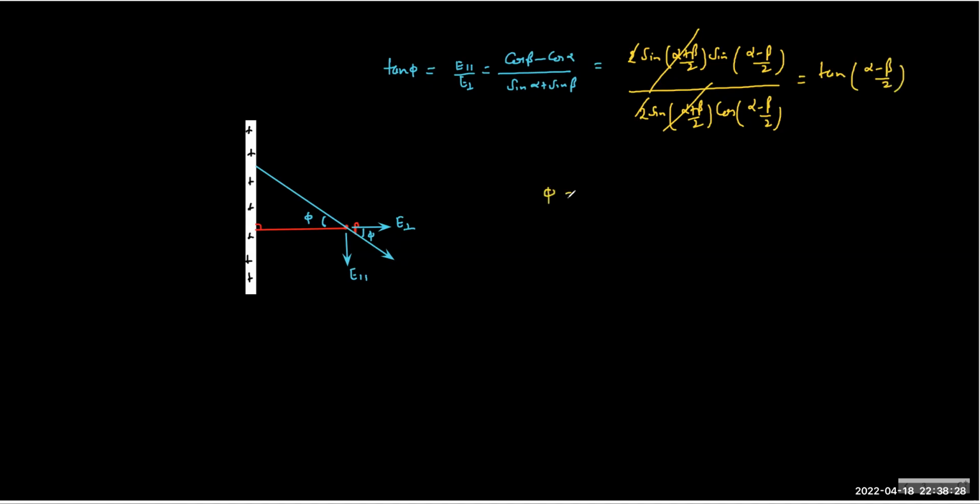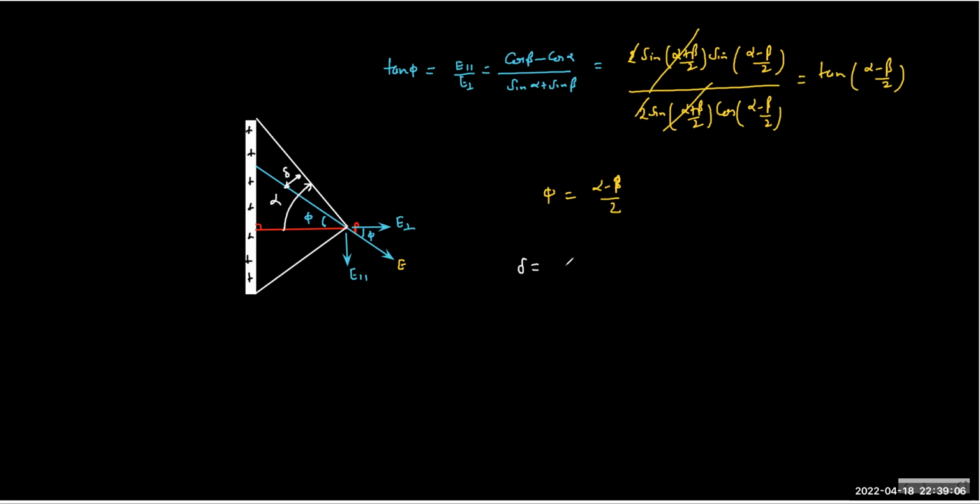So phi turns out to be how much? I'm assuming alpha is bigger than beta in this case. That's why the field is downward. So now phi is alpha minus beta by 2, and this whole angle is alpha. So this angle is how much? That's called delta.